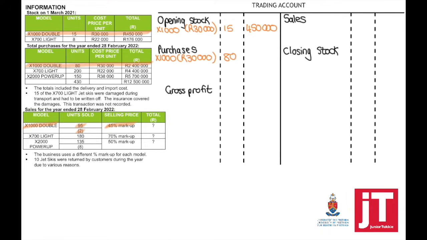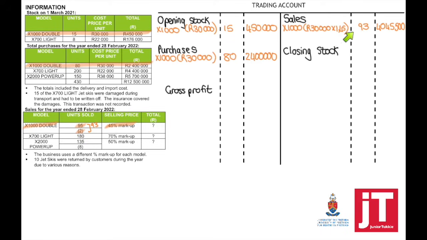But if we look now at sales, units sold 95, but 2 jet skis were returned by customers due to various reasons. This means that my sales is going to be 95 minus 2.